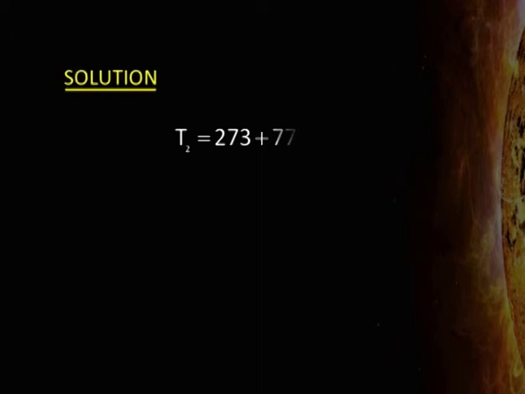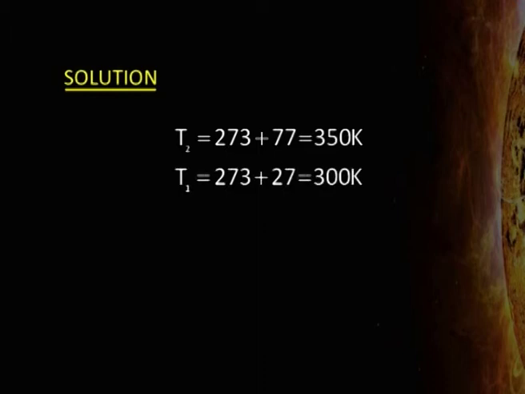As we are given that T2 is equal to 77 degrees Celsius, which is equal to 350 Kelvin, and T1 is 27 degrees Celsius, which is equal to 300 Kelvin. Hence, T2 minus T1 will be equal to 50 Kelvin.